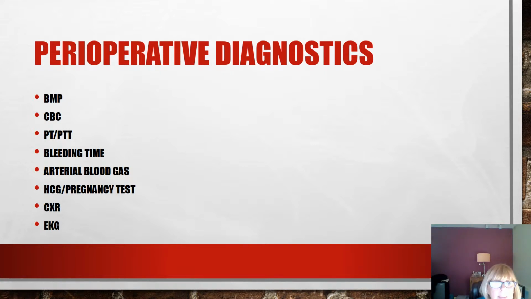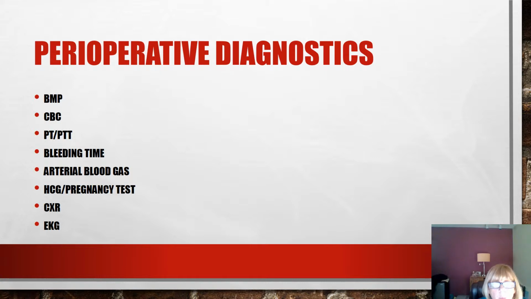Your PT, PTT, and your bleeding time will give a good indication of whether this patient's ready to go to surgery, or if we need to do some kind of intervention so that we have better control of their bleeding status while they're in surgery. Arterial blood gases are sometimes done before surgery, even during surgery and after surgery, when we're concerned about some of their respiratory statuses.